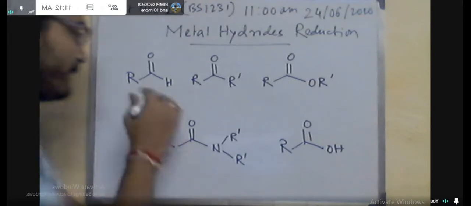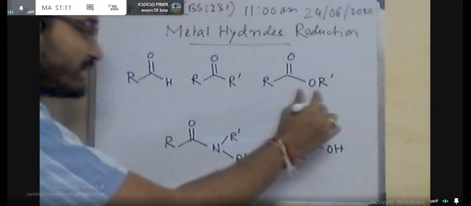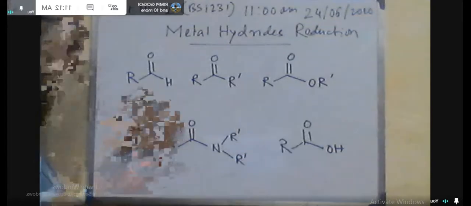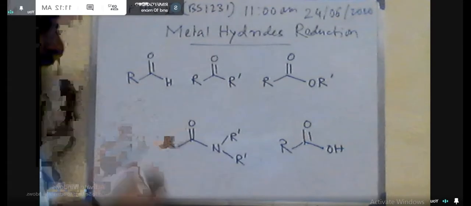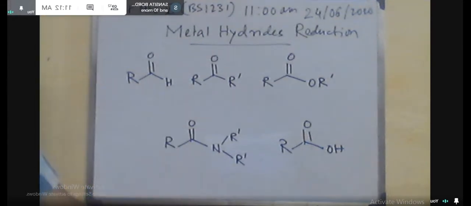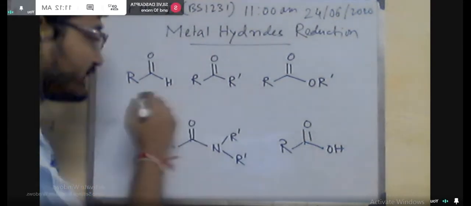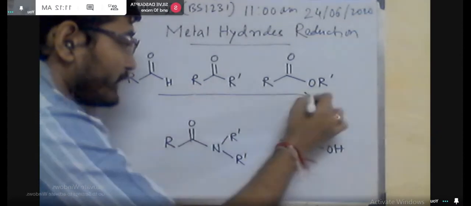So if we use different metal hydrides for the reduction of the functional group, we can get different types of reduced products. So this is the electrophilicity decreased.